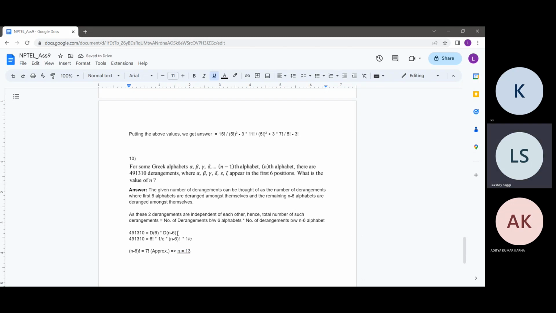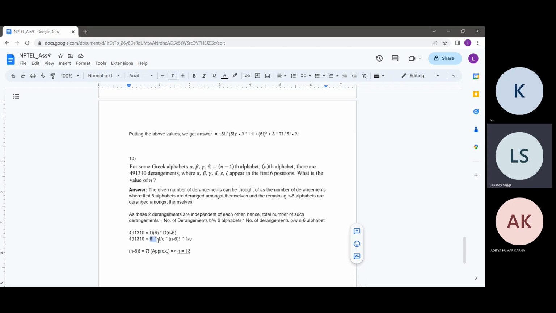I have just done a bit of hand waving here, but you can verify these calculations using a calculator by yourself, and it won't be too difficult. Generally, I'm doing it approximately because calculating the actual derangements is quite tedious, since you need a lot of terms like 6C1 times 5 factorial, 6C2 times 4 factorial, and their addition, subtraction, and so on.